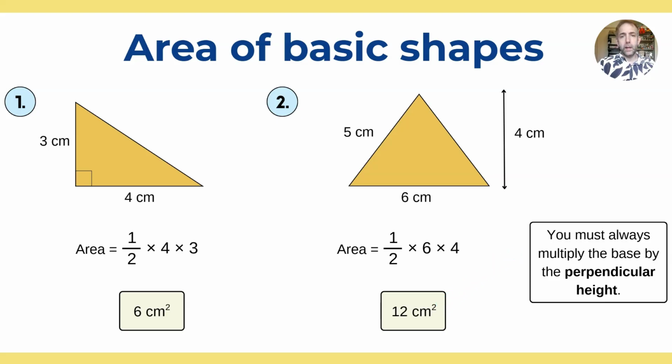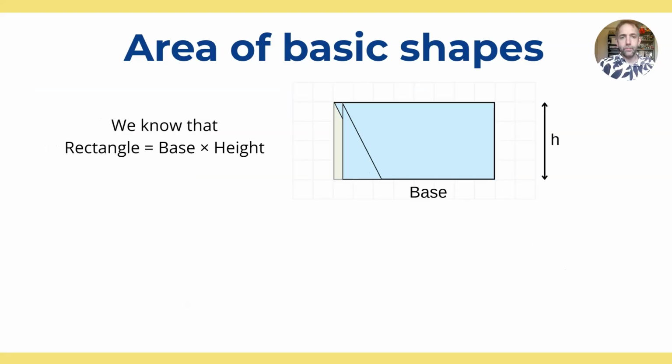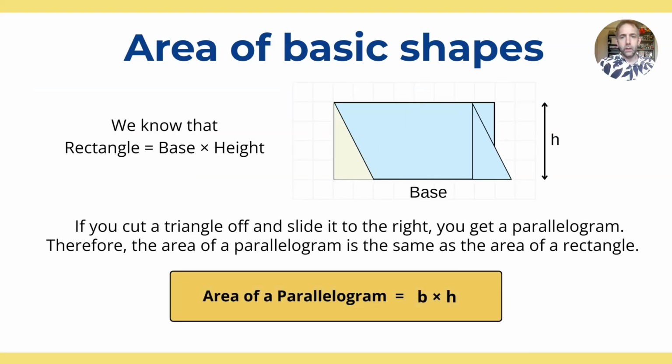So the next one's going to be a parallelogram, and pay close attention to the animation that comes up straight away. So you can see here how that triangle has slanted from here, the left, over to the right. And the reason I've done that is because if we look at where the triangle was originally, it forms a rectangle. So that hopefully shows you why this formula works.